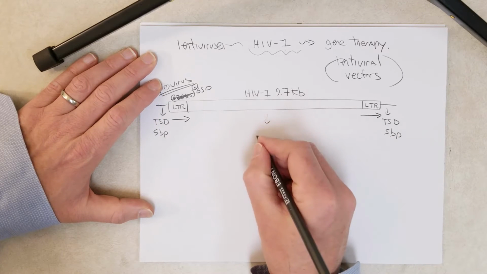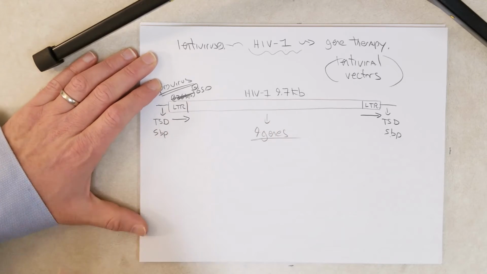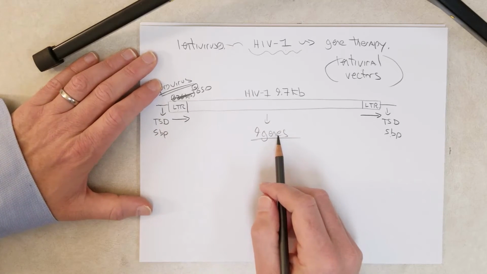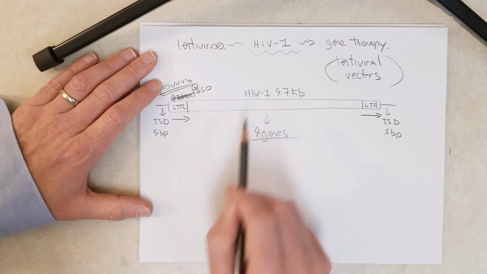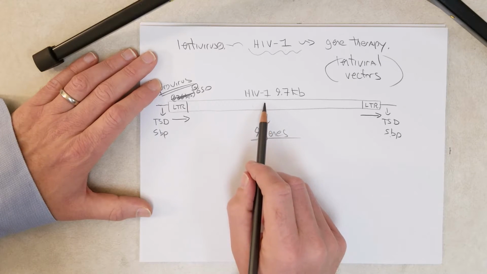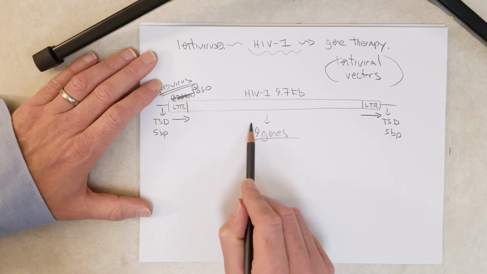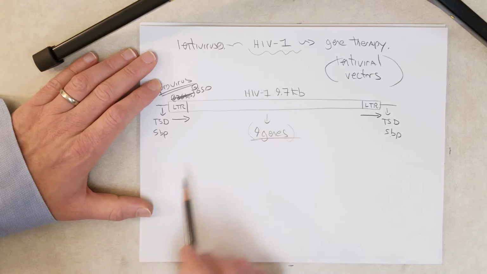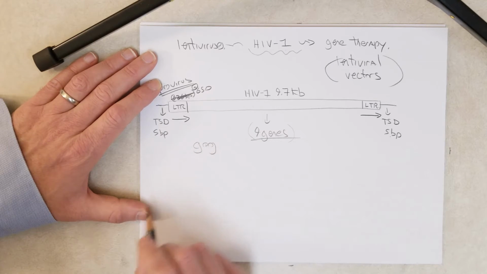And researchers have defined 9 genes. Now, genes, this is where this word gene starts to break down our definition of what a gene is and isn't, because it's really confusing. And I'm going to talk more about that in a moment. But researchers have defined 9 genes, and I'm going to name them for us.